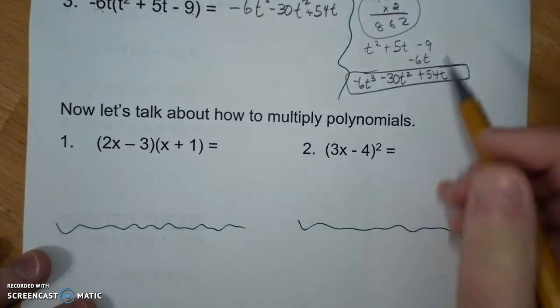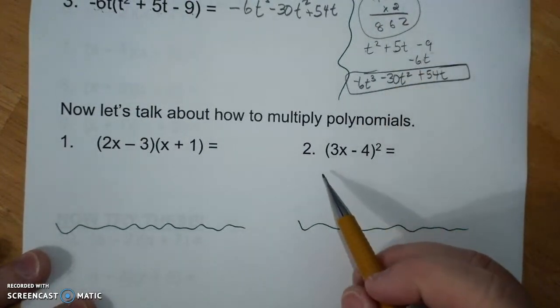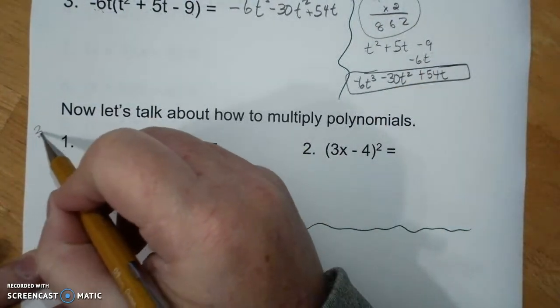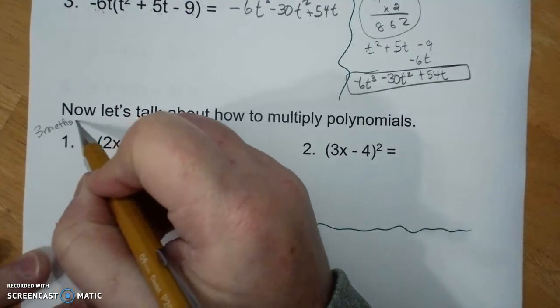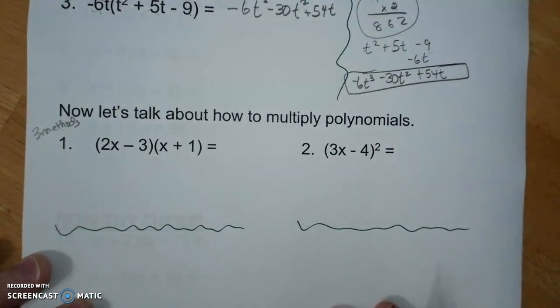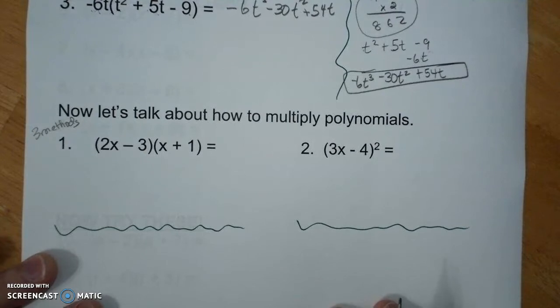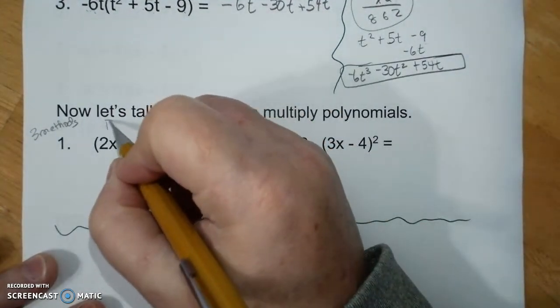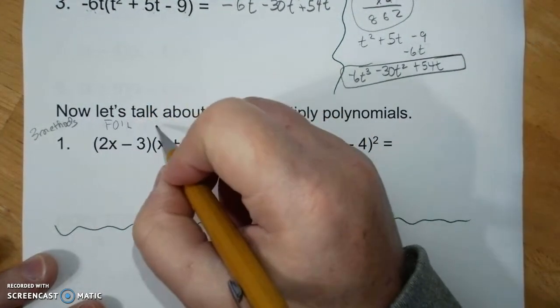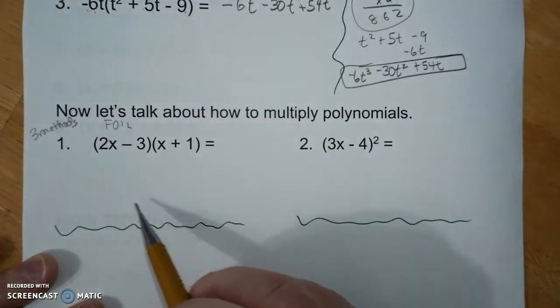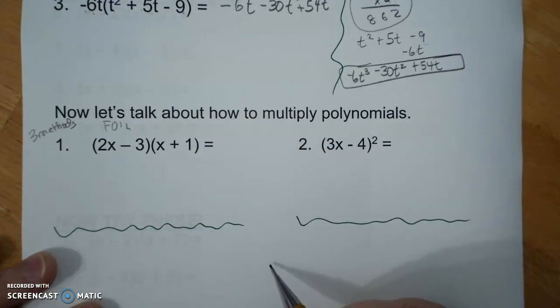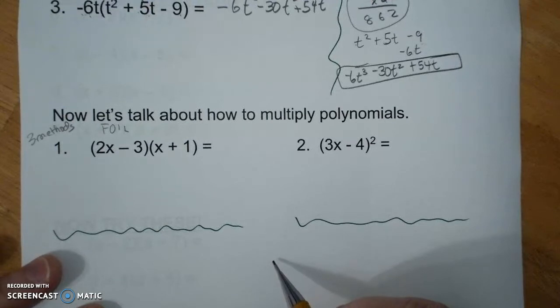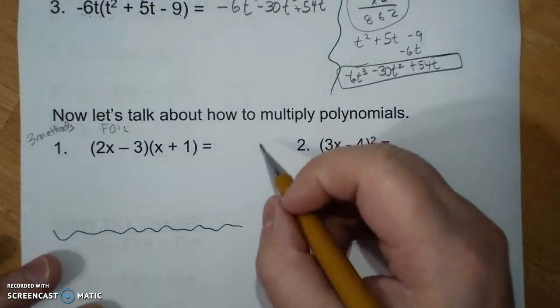Okay, the reason I'm building that is because I know of at least 3 methods to do this, and I'm going to go through 2 of them. So the first one is FOIL, and it stands for first, outer, inner, last. It's a double distributive, and it is a linear problem.